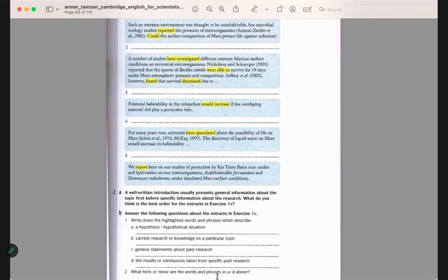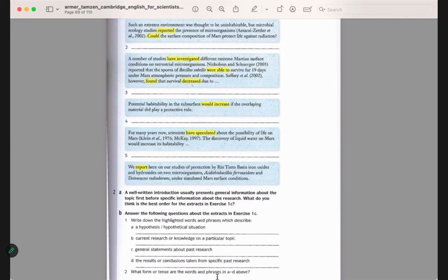But B, current research or knowledge on a particular topic. Report. Current situation, yes, report. But C, general statements about past research. Have speculated. Maybe. Yes, have speculated. What else? Have investigated. Absolutely.